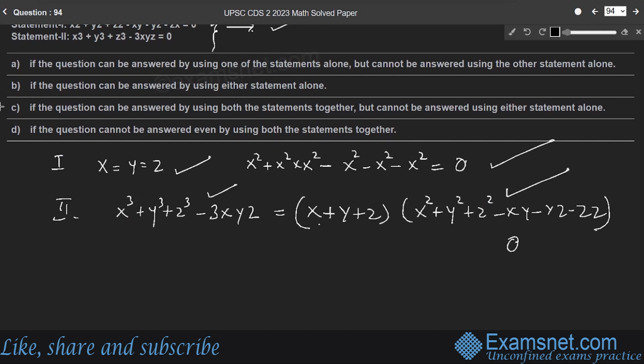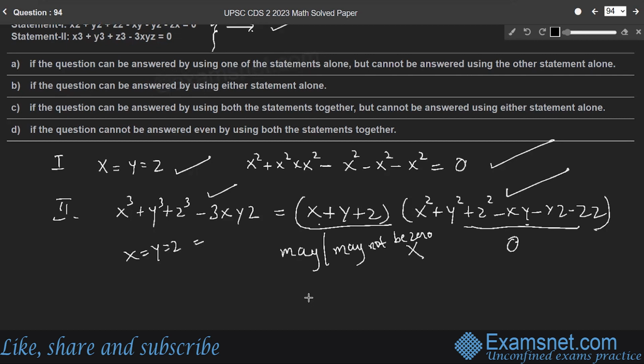According to statement 1, if x, y, z are real and equal numbers, the second part will be 0, but not the first part. The first part may or may not be 0. For example, if x, y, z are equal to 2, it becomes 2 plus 2 plus 2, which is 6.